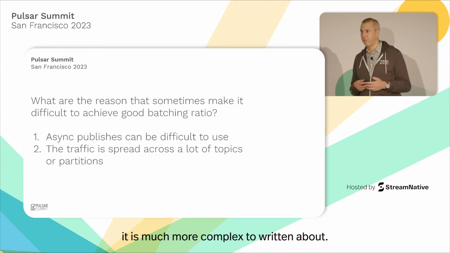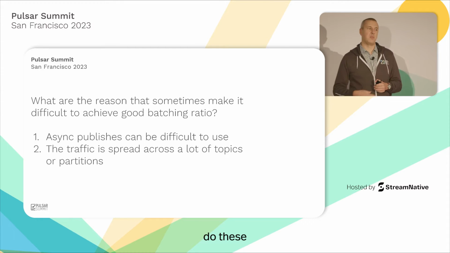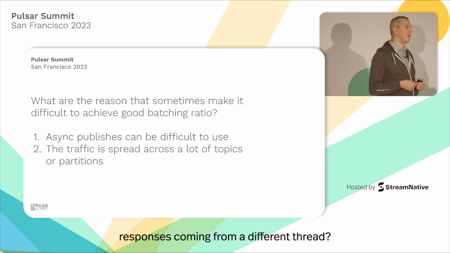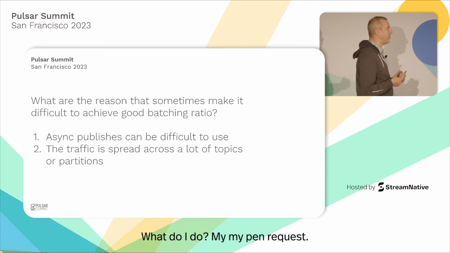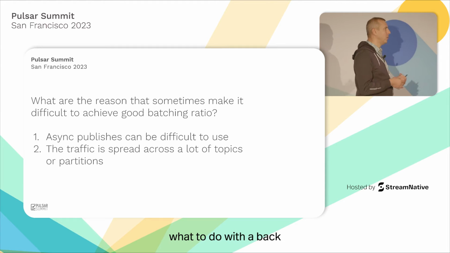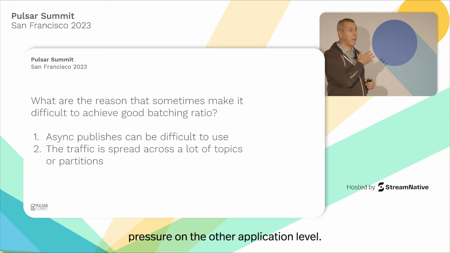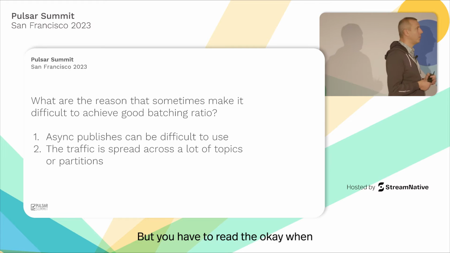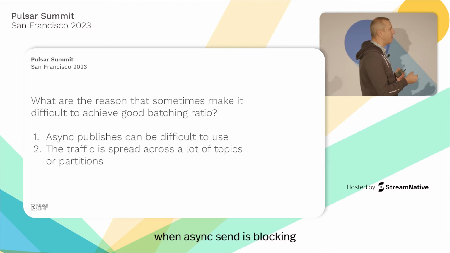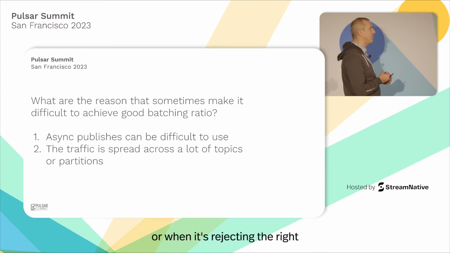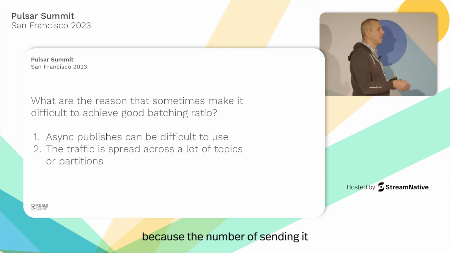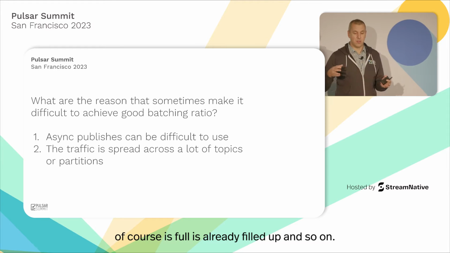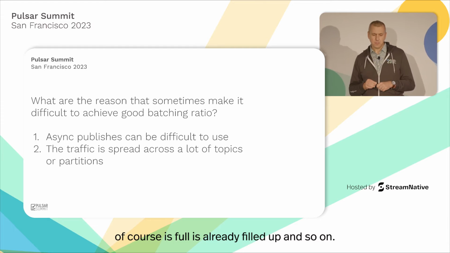They have to reason about the response coming from a different thread, and what to do with pending requests. You have to think about back pressure at the application level. The client SDK handles back pressure, but you have to reason about when async send is blocking or rejecting writes because the number of pending requests is already filled up.